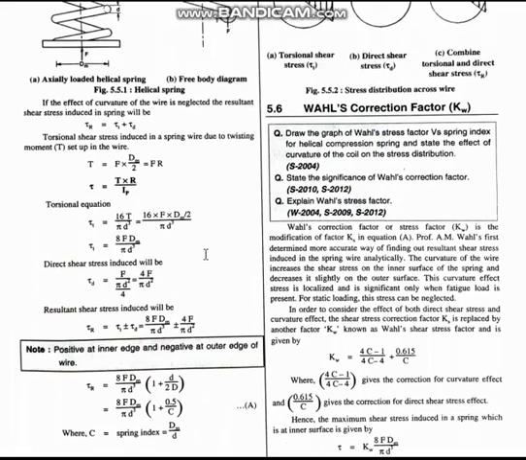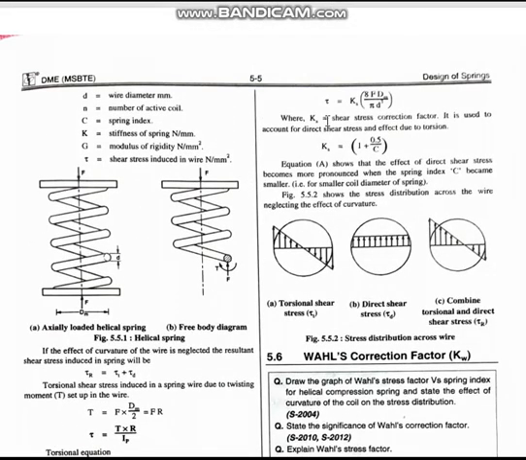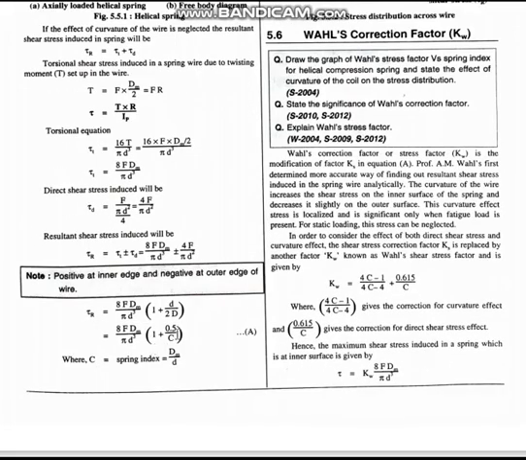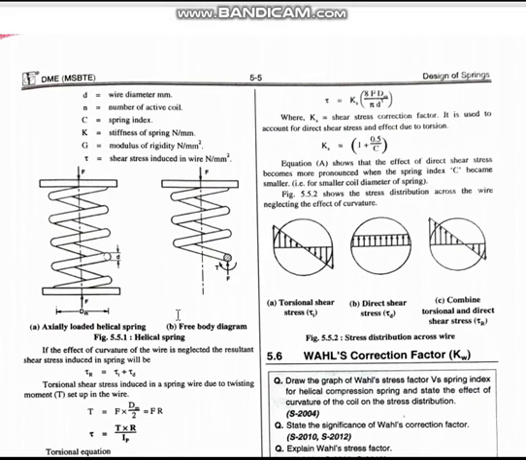The thing that is in the bracket here, you replace by a constant value Ks. Now Ks is the shear stress correction factor. So we can say the total resultant shear stress tau is equal to the shear stress correction factor into 8F dm upon pi d cube.